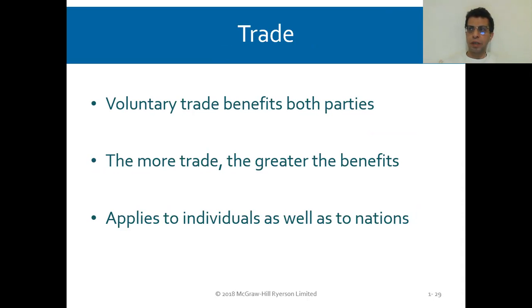Say I'm good at cutting trees, and my neighbor is good at sewing clothes. Now, if I need clothes and my neighbor needs wood to keep warm, both of us can specialize in certain things: I can cut more trees and he can sew faster.